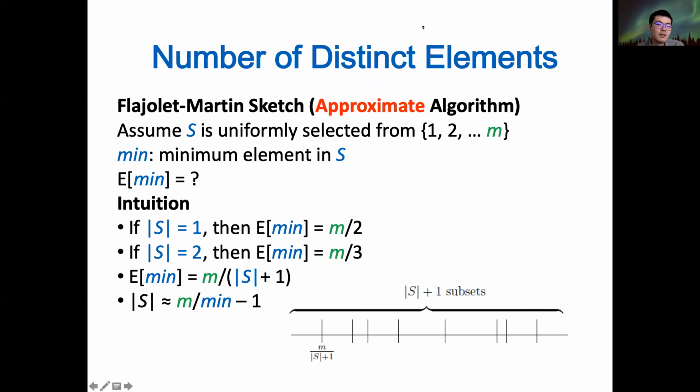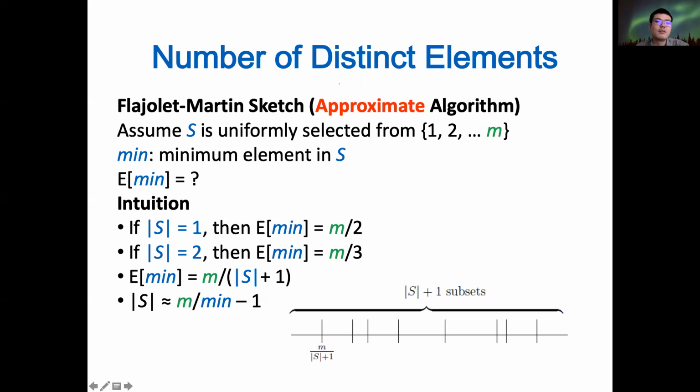If your apple, orange, and banana are always ID 1, 2, 3, they are always in the front. So what you can do is shuffle them by hashing, so that you shuffle to a new ID. The new ID is kind of random in this way. So that's how you guarantee this is uniformly selected.